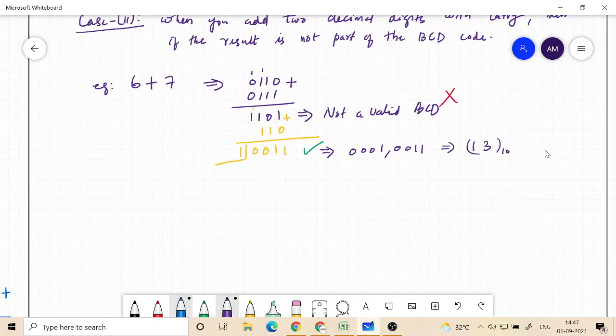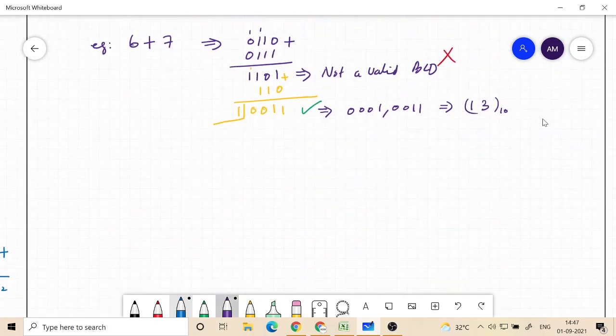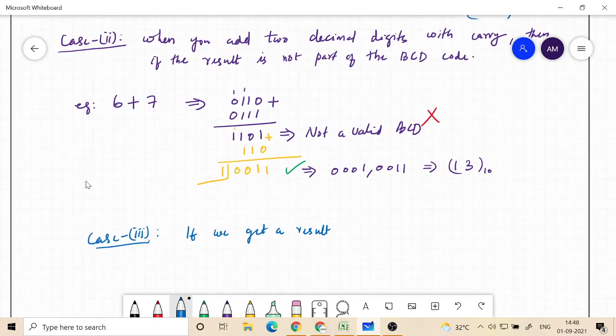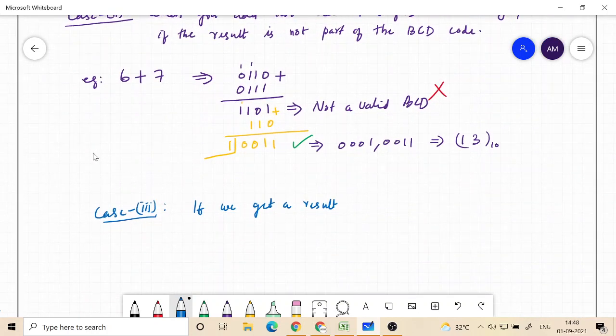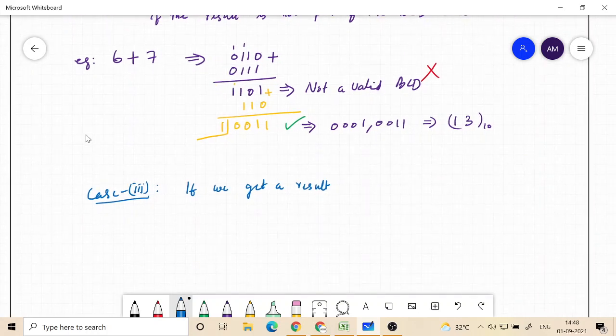Alright, so now case 3. In a similar setting, I am not writing the full sentence as before, but it is the same: when you add 2 decimal digits with carry, if you get a result in which a carry is generated.